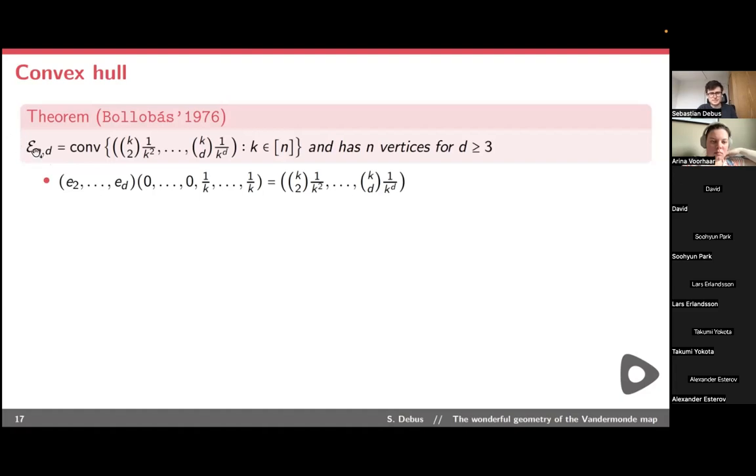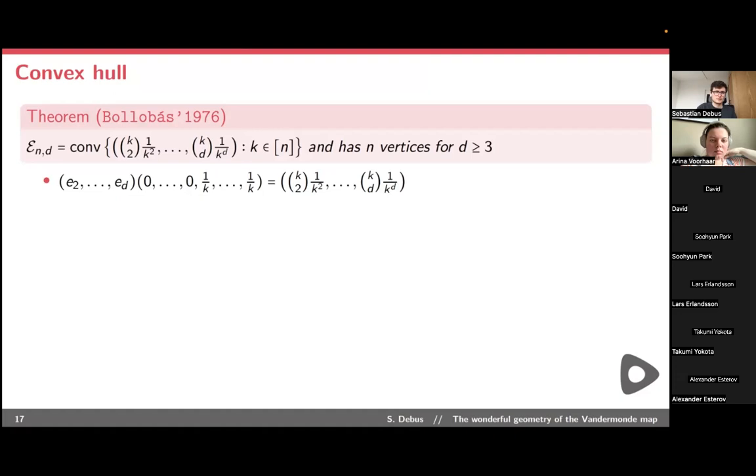So we see that this convex hull is a convex polytope, which is the convex hull of n points. We consider also the image of R^n, or the probability simplex in R^n. It's the convex hull of those n points, which are now weighted points from this moment map here.